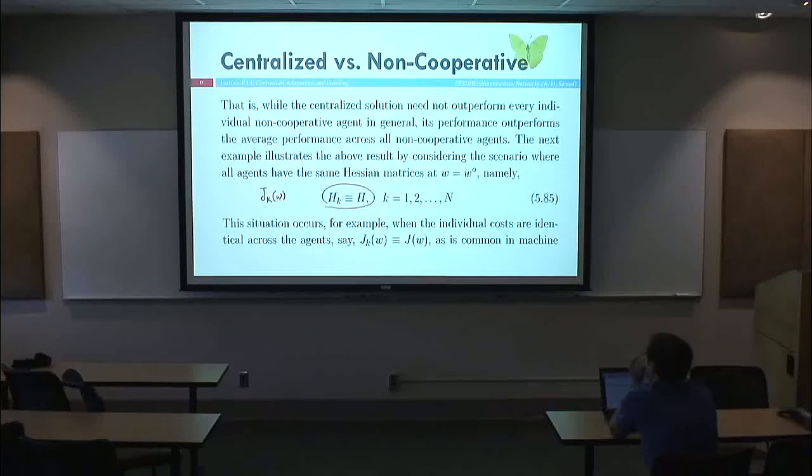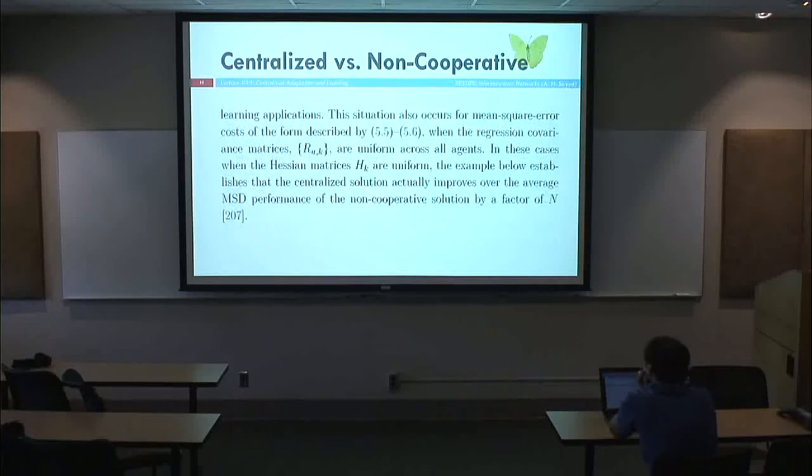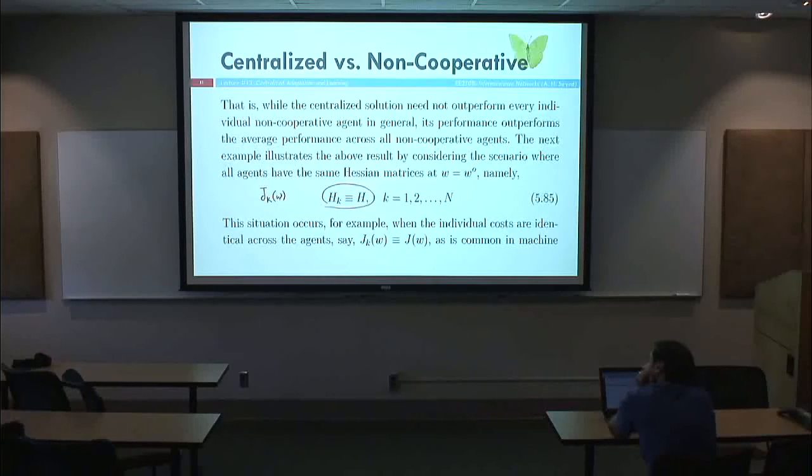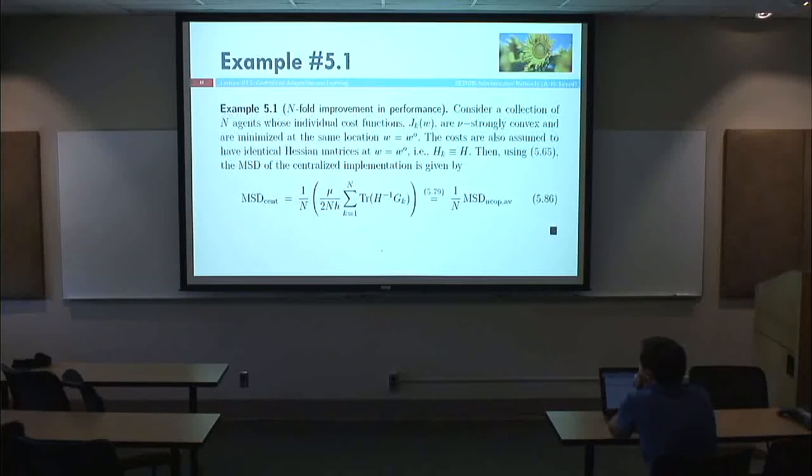Now, in this case, when the H's are the same, let's go to the example here. When the H's are the same, then what would be the HC? N times this H, right? The global Hessian matrix is N times the individual, and then it appears inverted.